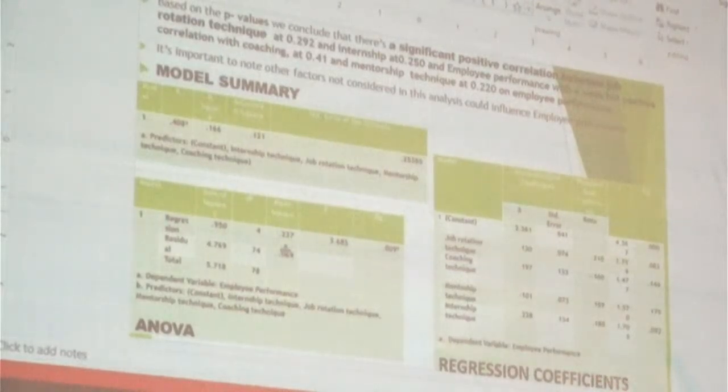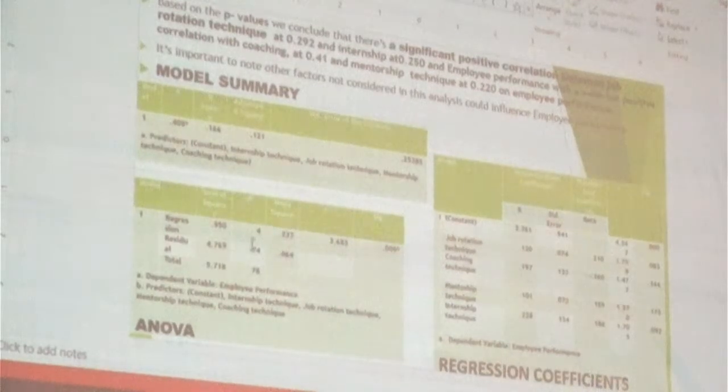Moving ahead to the ANOVA, with our F ratio at 3.685 and the significance of 0.009, we can conclude that the model is significant and appropriate.